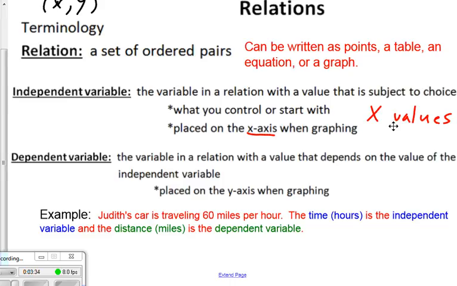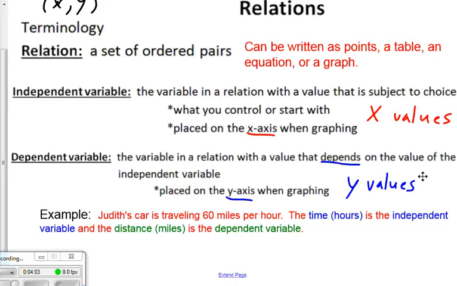But the other variable, how many cars you've sold in total, depends on how many days have gone by. So since it depends on it, it's called the dependent variable. The variable in a relation with a value that depends on the value of the independent variable. This one is placed on the y-axis. So remember that this is always going to be our y values.